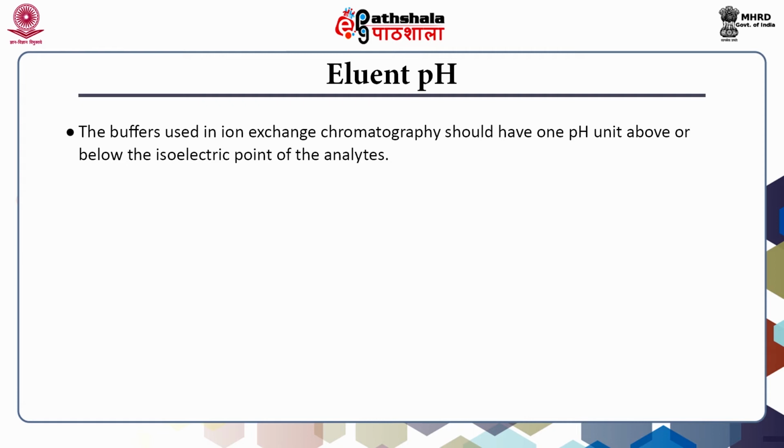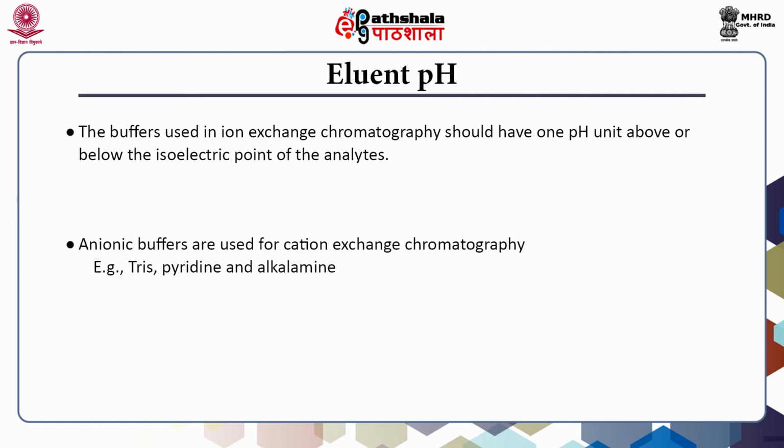The reason is that a pH either one unit below or above the isoelectric point will help to maintain the ionic state of the analytes. That is why we need to choose the eluent pH or mobile phase pH at least one unit above or below the isoelectric point.